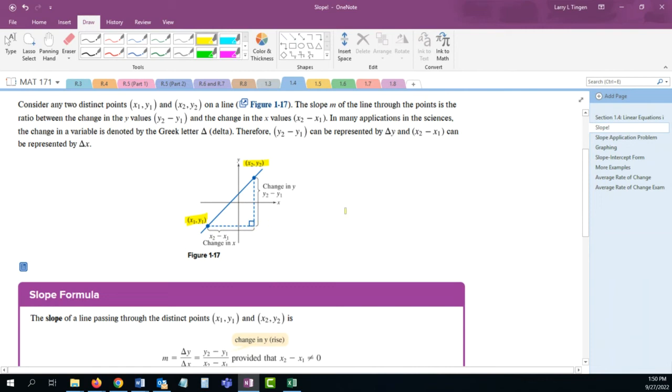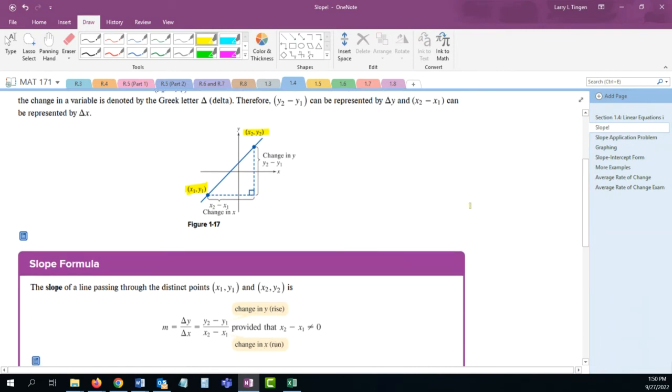So how do I represent these lines? All right, well, change in x is my horizontal dotted line. Change in y is my vertical dotted line. And if I want to know what is the average rate of change of y in terms of x, then I end up with this equation.